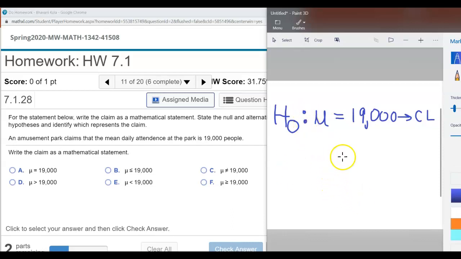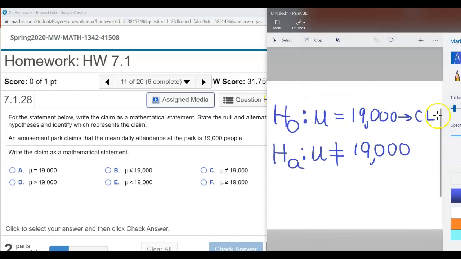Once I have my null hypothesis, what is your next step? Your next step is to write your alternative hypothesis. What do you think your alternative is? Mu, so this is also mu. If this is 19,000, this will also be 19,000, right? What changes? Only the sign changes. If this is equal to, what is the opposite? Not equal to. That's how you start.